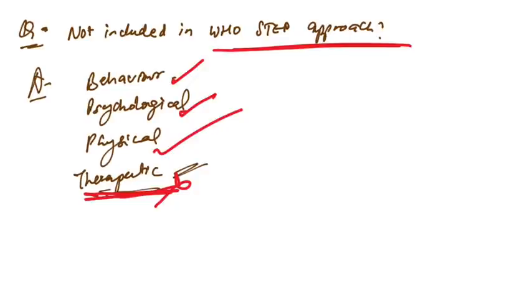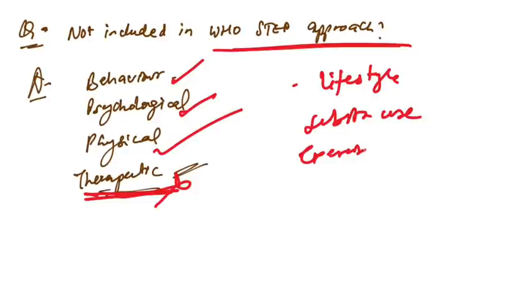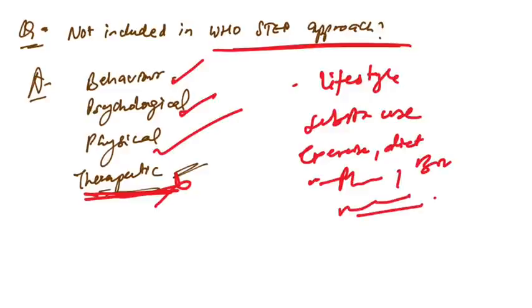Behavior, lifestyle, substance use, exercise, and diet are included, along with physical and biochemical measurements. These are all included, but therapeutics is not included in the WHO STEP approach.